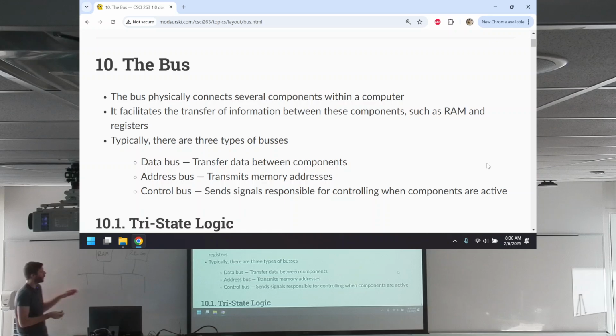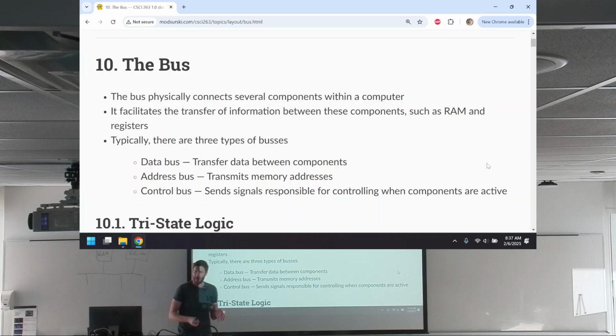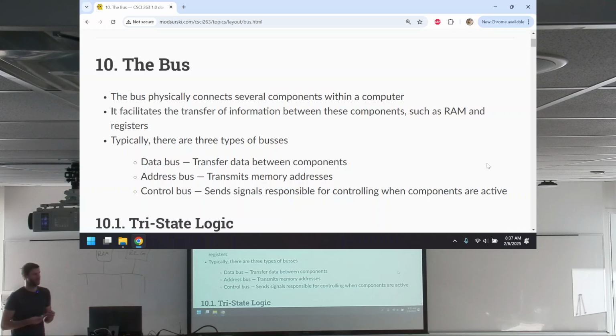But there's other components of the system that are going to need to move data from this component to that component, and then that component to this component. It's going to move data around. The signal lines, the wires connecting all this, are called the bus. But there are different types of buses. They all do the same general thing, and often people will just say bus, and based on the context, you'll know what we're talking about specifically.